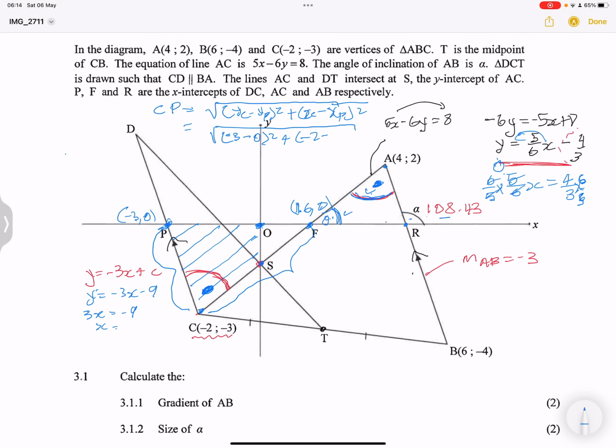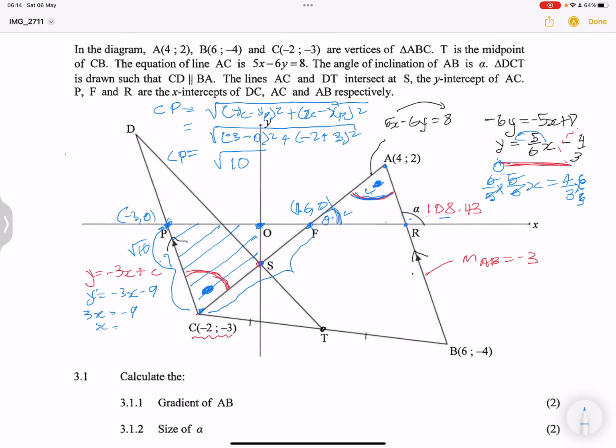Remember, a negative minus a negative makes a positive. So we can get the value of CP. I have negative 3 squared, which is 9, plus 1, so that gives me the square root of 10. So this length here, CP, is the square root of 10.